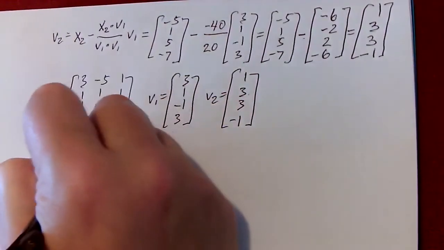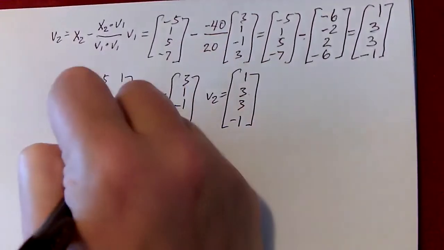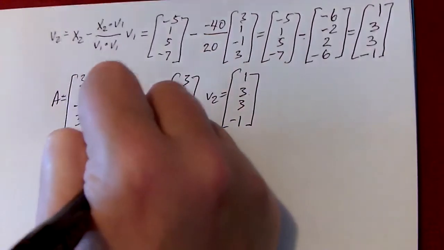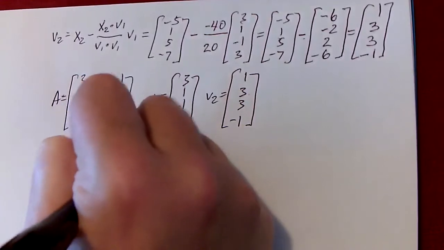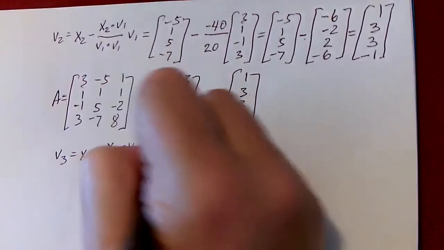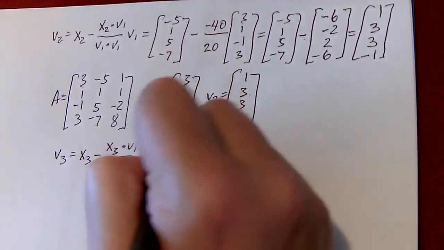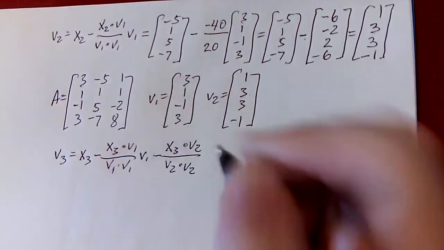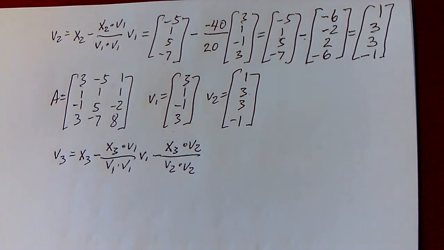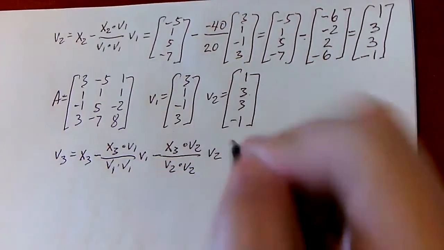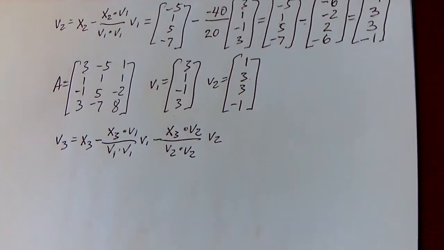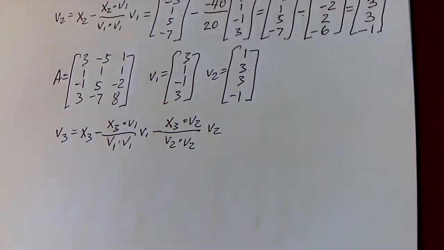For V3, we're going to do X3 minus X3 dot V1 over V1 dot V1 times V1, minus X3 dot V2 over V2 dot V2 times V2. Let's write down the pieces here.